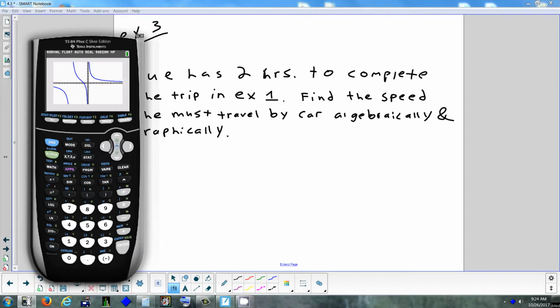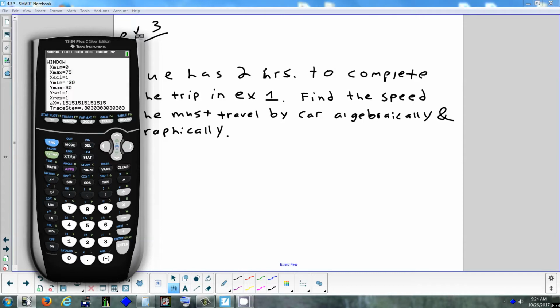If she completes the trip in 2 hours, let's put a line at 2. Let me reset that. That's not quite going to do it. I don't need to set my x min at -40. Even though it might cross it, negative speed doesn't make sense.